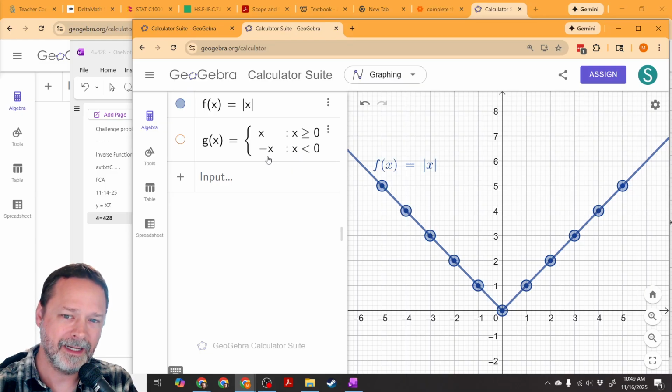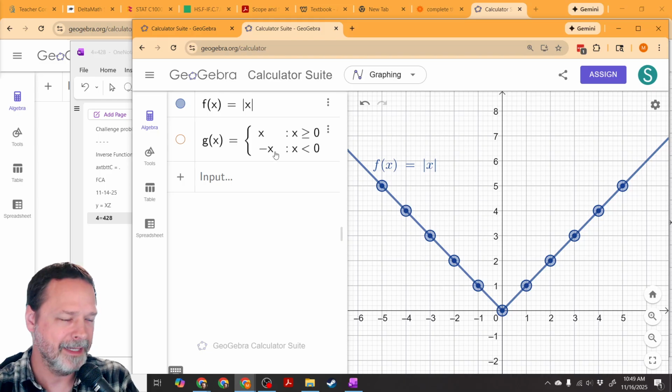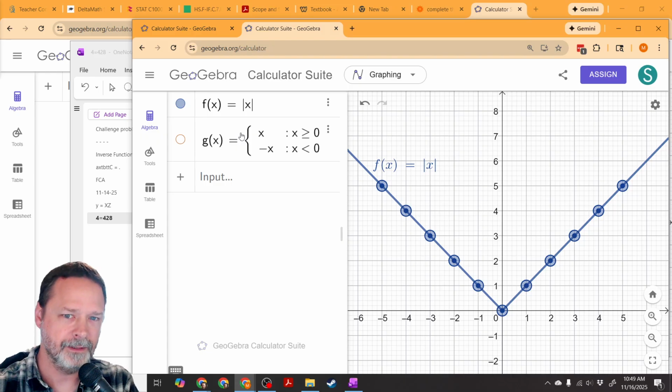If we plug in a negative and you take the opposite of that, it's going to make it positive. And that's another way to view the absolute value function. Instead of the distance from 0, which is a fine definition, you can also look at it as just making it positive no matter what, or 0. 0, leave it alone. If it's positive, leave it alone, and if it's negative, make it positive.